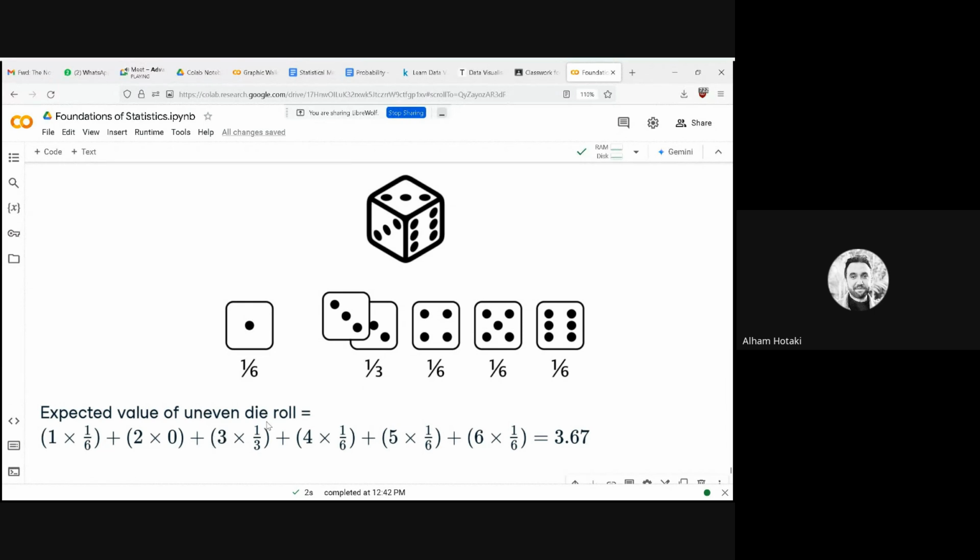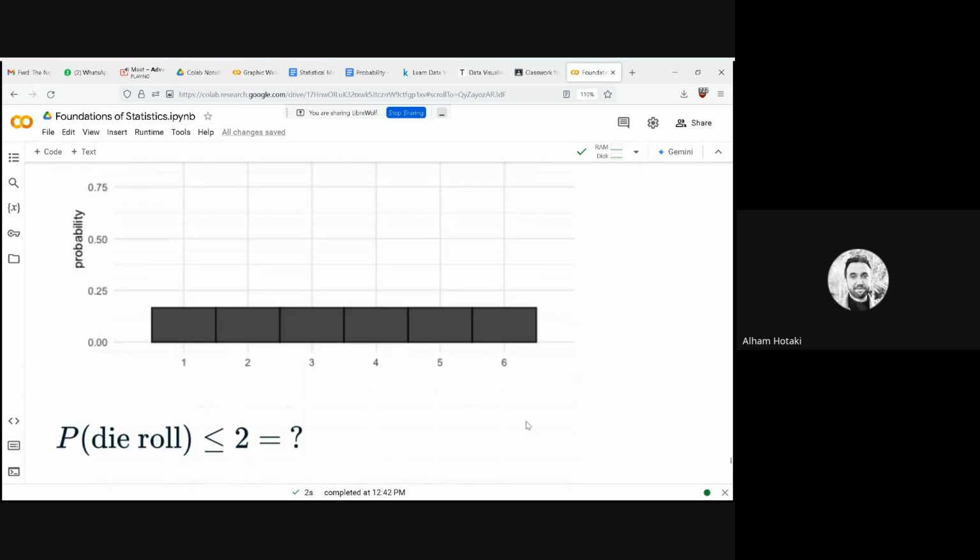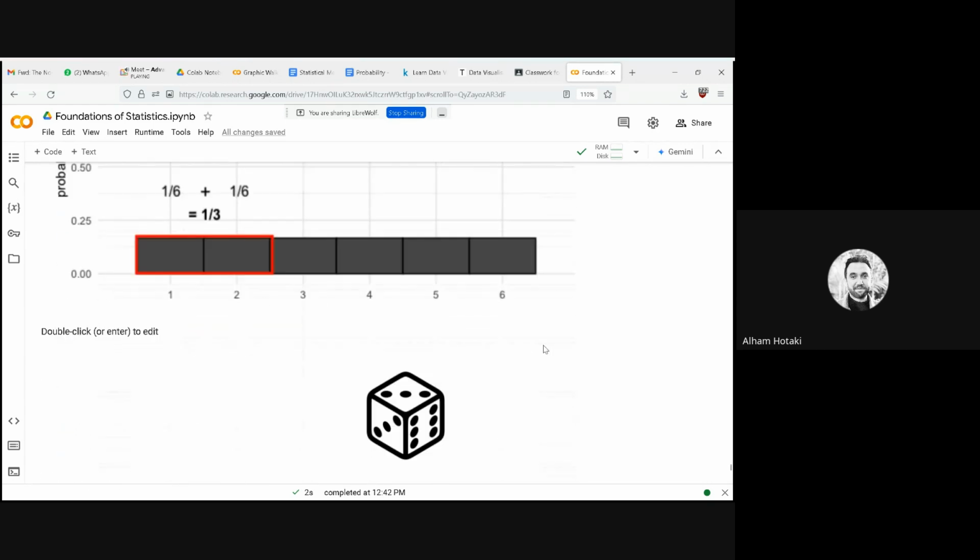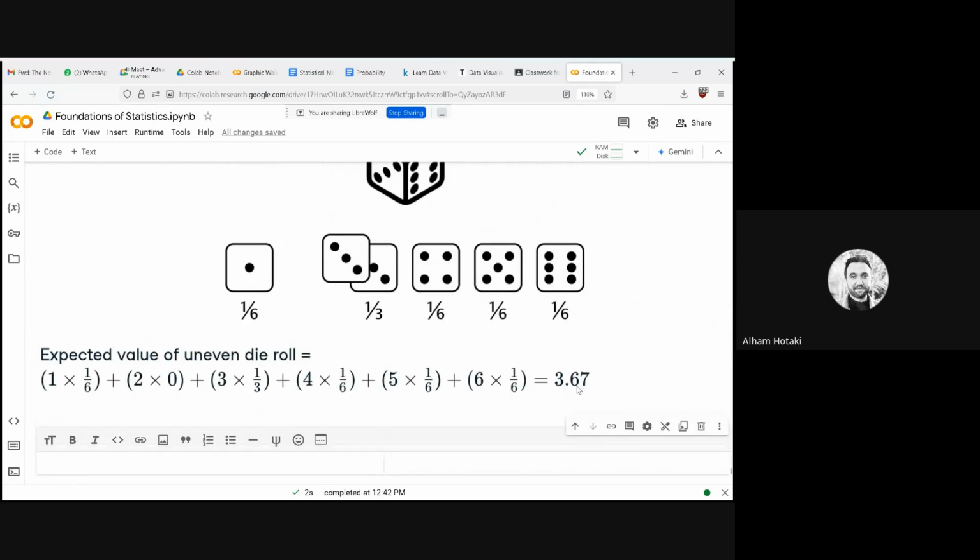So 3 by 1.3, not 1.6. The remaining is the same. So the mean is a bit changed now. Previous mean was 3.5. This mean is actually 3.67. So the mean has been increased in the uneven die.